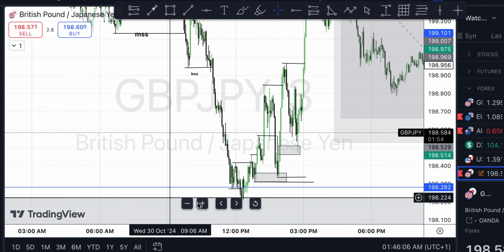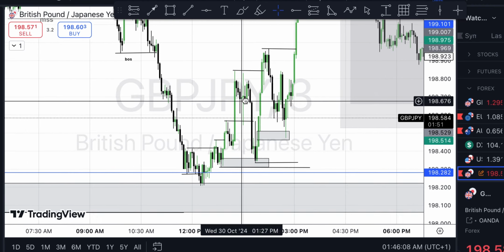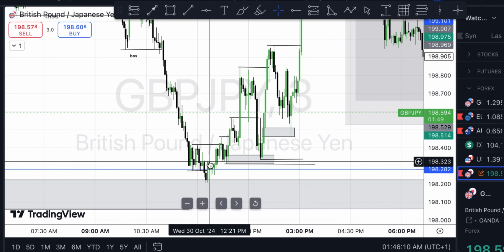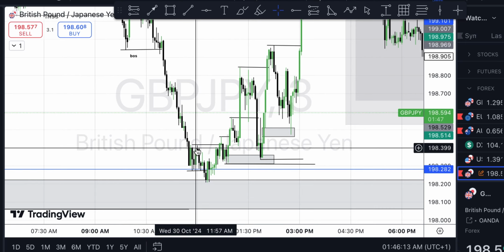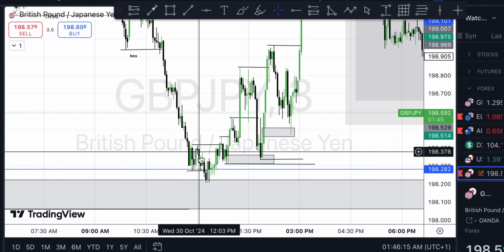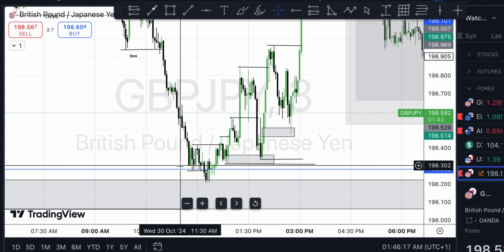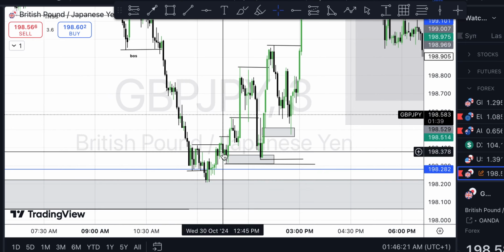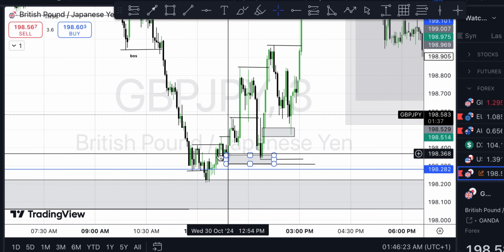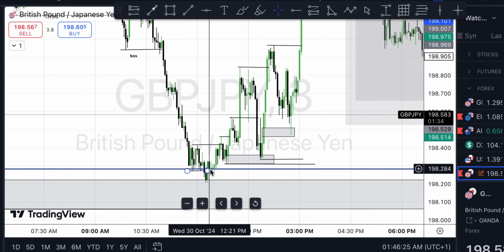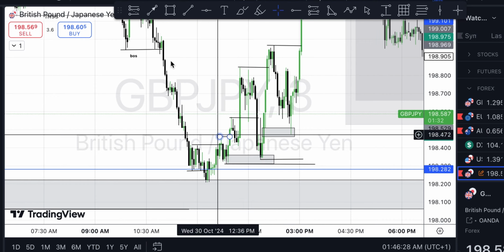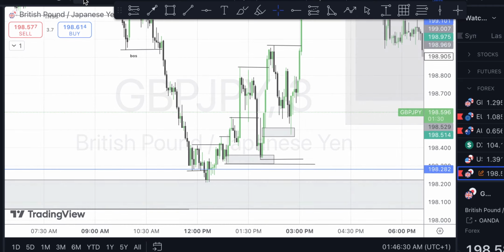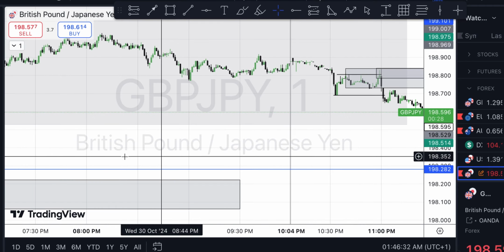So let me now show you how I took advantage of this setup and made money from it also. You can see, like I said before, I want to be looking for price taking out the low, taking out this guy here. Immediately price took out this guy, price went up and did a break of structure, and a market structure shift.